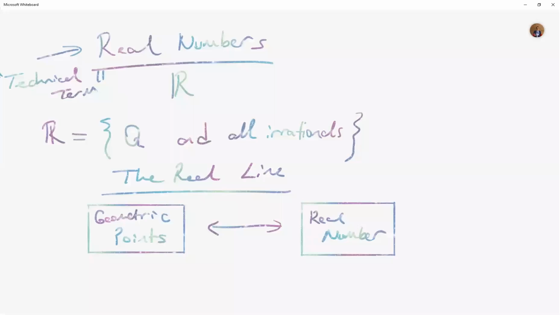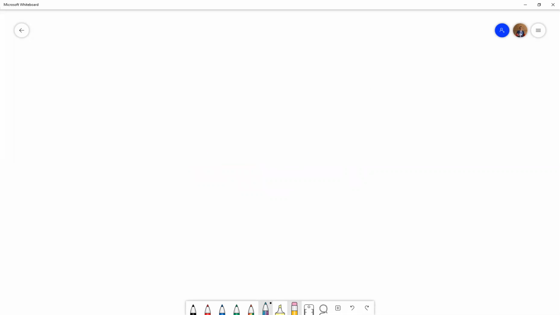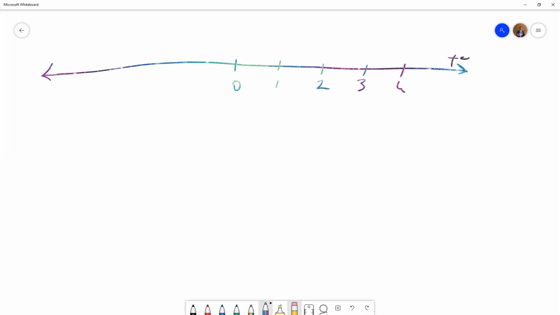Let's write what I mean. We have a line here like that. It starts with 0 here in the middle, and we have 1, 2, 3, and 4, and it goes to infinity, and here -1, -2, -3, and it goes to minus infinity also.